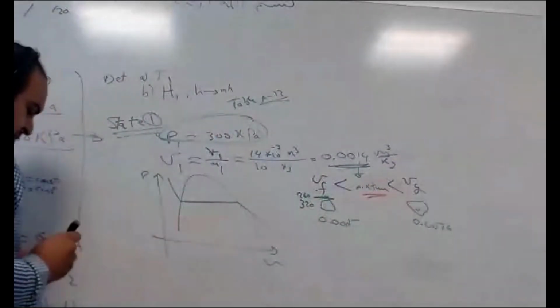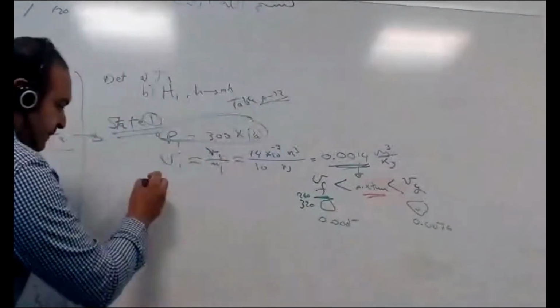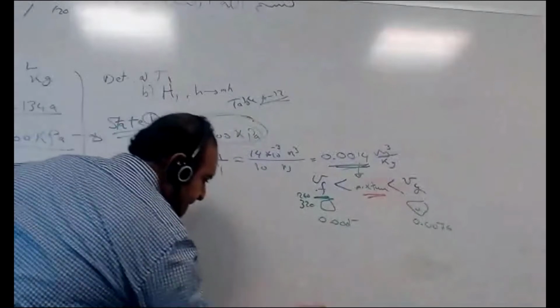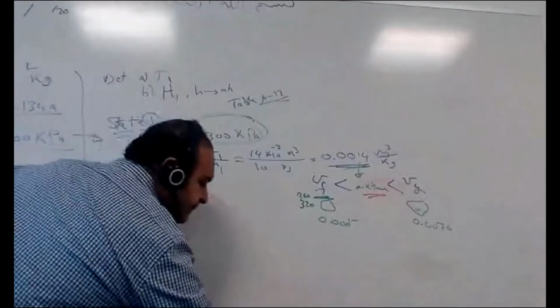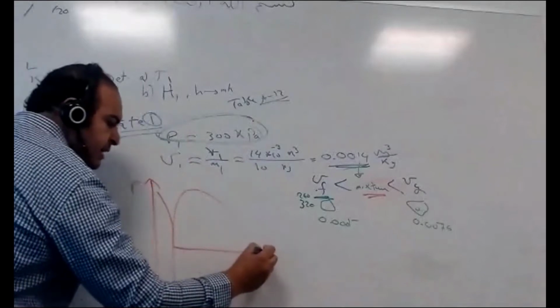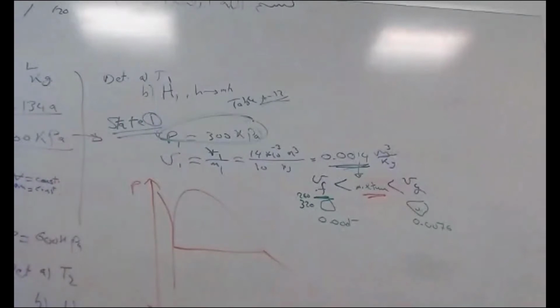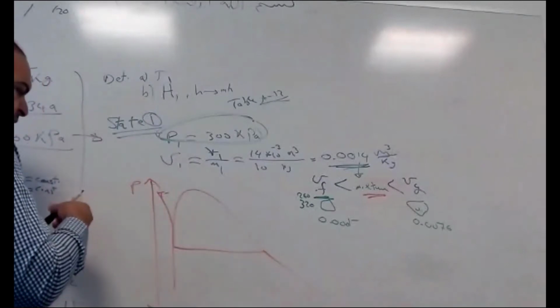So if you plot, for example, the PV diagram, this is a constant temperature line. This is temperature is constant. Let me plot it with other color.